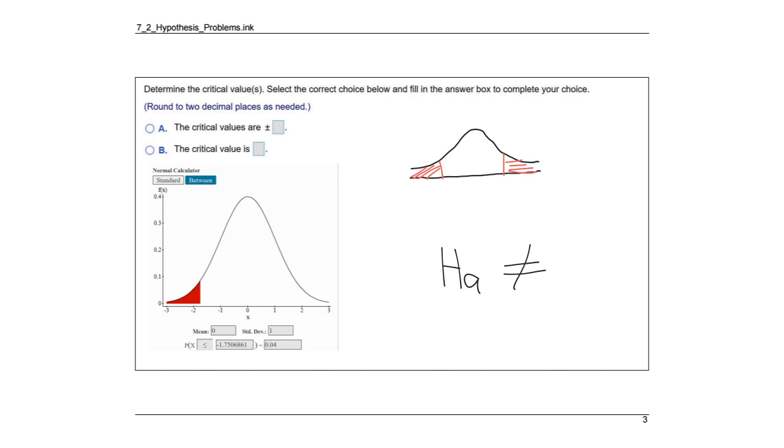And because we have a two-tail, we are going to have to split the significance level in half. So the significance level they gave me was 8%, right? 0.08. So I need to go ahead and cut that in half so that half will go into each tail. So now 4% will go into each tail.